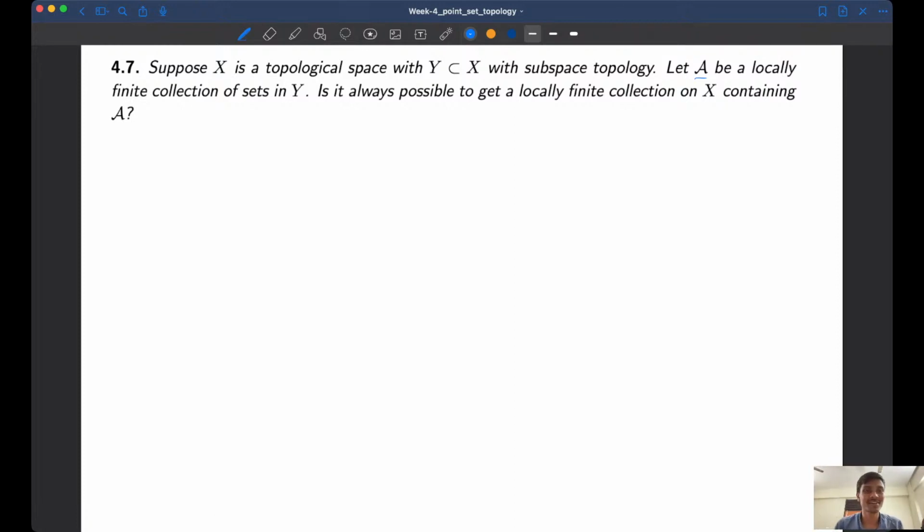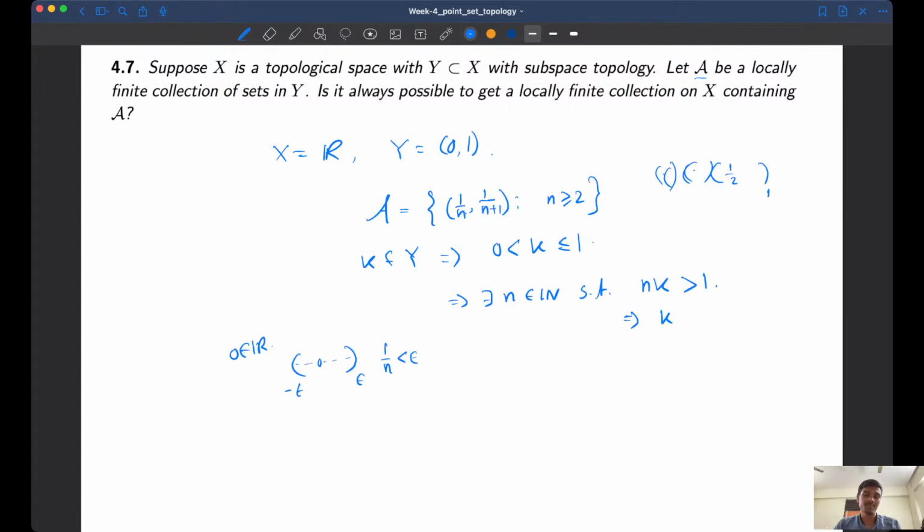So you can take X to be R and Y to be the open interval (0,1), and consider this collection. In this case, any neighborhood around this point should also have length 1.